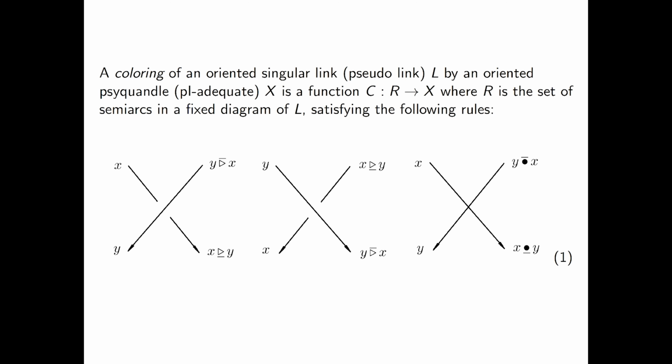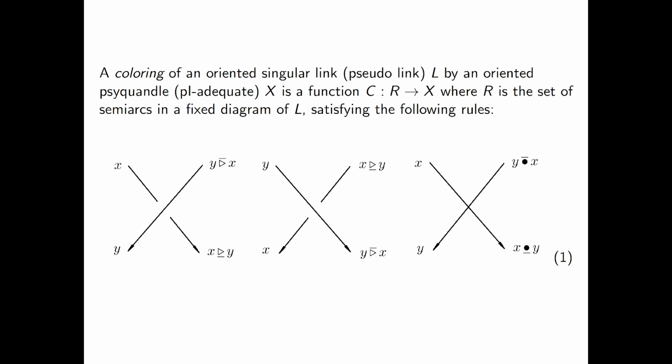So the first thing we have to do is define the idea of a coloring. So a coloring of a singular link or pseudolink by a Psyquandle or P1 adequate Psyquandle is a function. And this function goes from the set of semi-arcs of a fixed diagram of your link. So whether you're thinking about it as a singular link or a pseudolink, you have to fix a diagram.